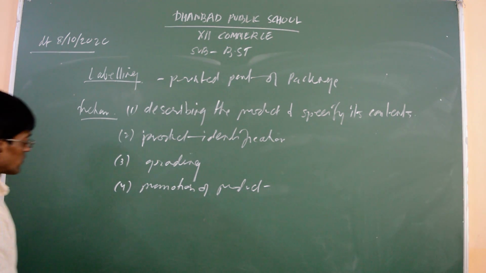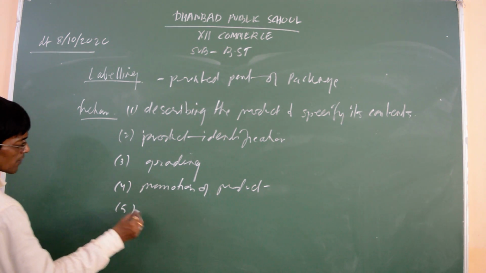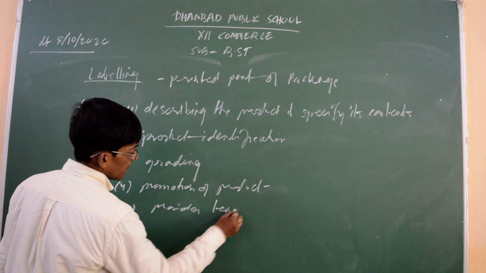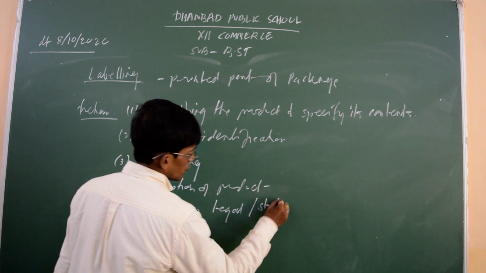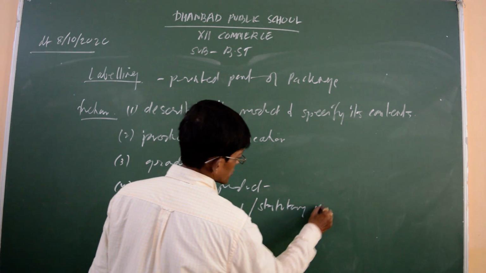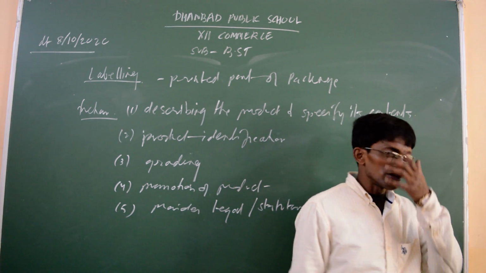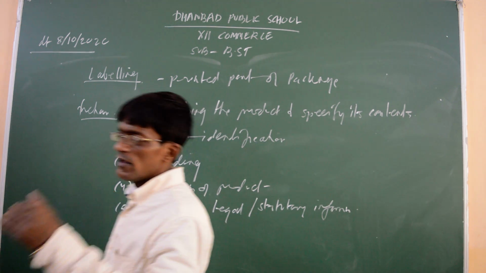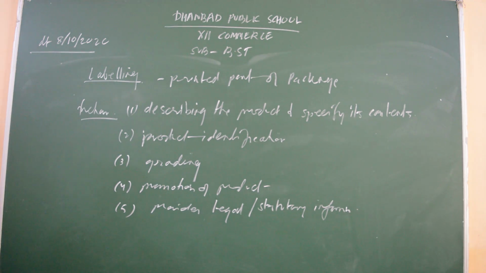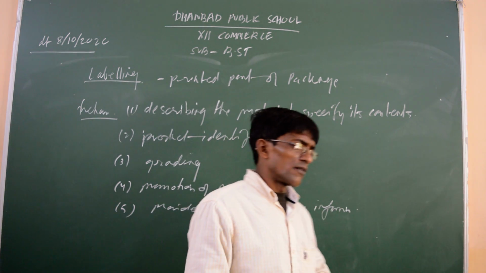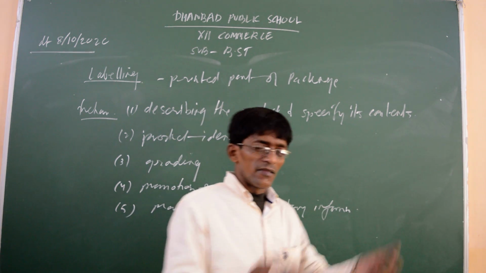And apart from that, the last of the features is that it provides statutory, legal information. Some products have statutory precautionary warnings that must compulsorily be included on the product. For example, when you are consuming tobacco-based products, tobacco causes cancer.